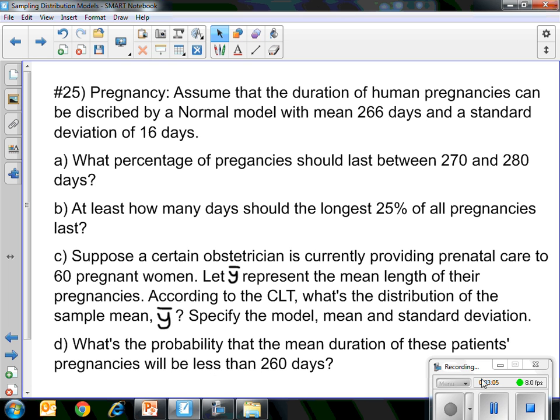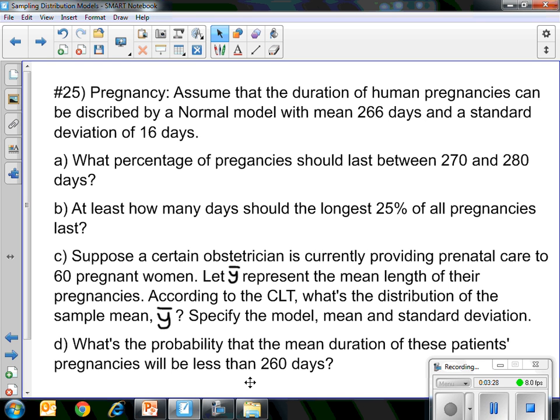So what's the probability that the mean duration of these patients' pregnancies will be less than 260? So again, think of your normal model. What does that look like? 266, where is that? That's your mean. And then where's 260 compared to 266?